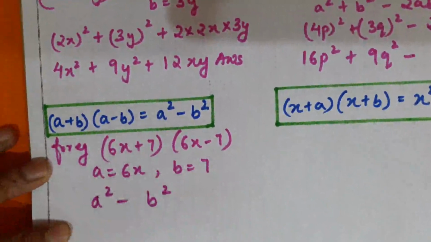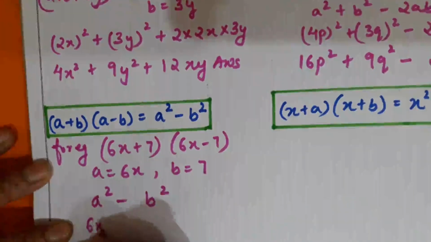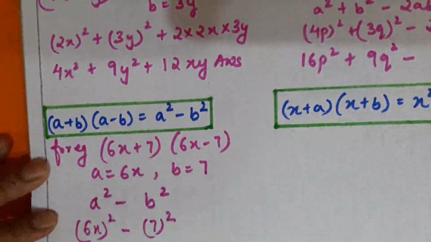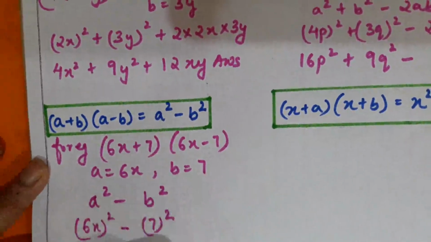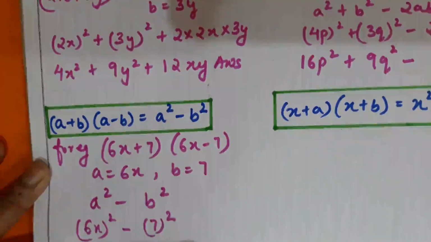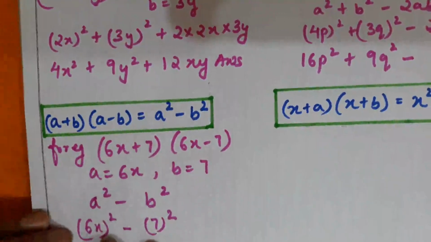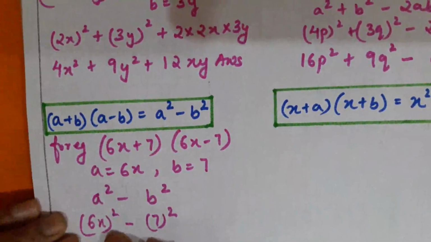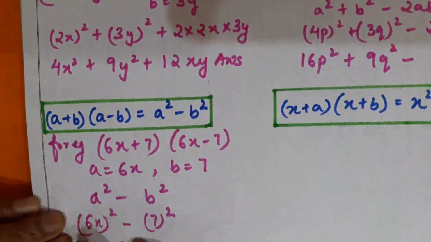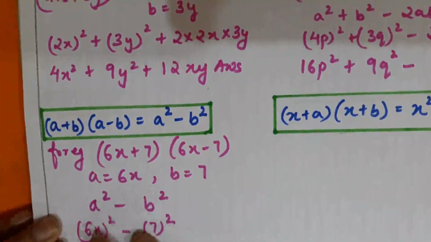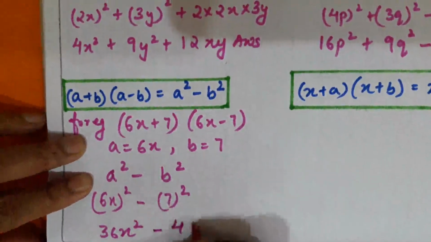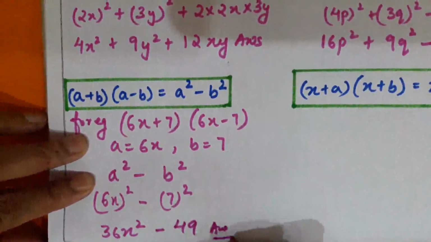In this way you can represent a is 6x square minus b is 7 square. So 6 square is 36 x square, because when this 6x is inside the bracket, so when we are doing square, this square will go to 6 also and x also. You will get 36x square minus 49. So this will be your answer.